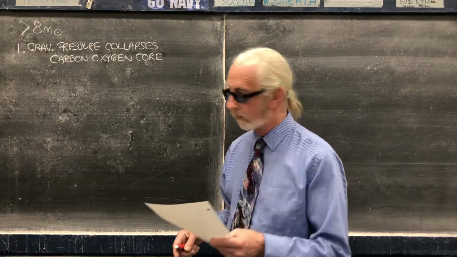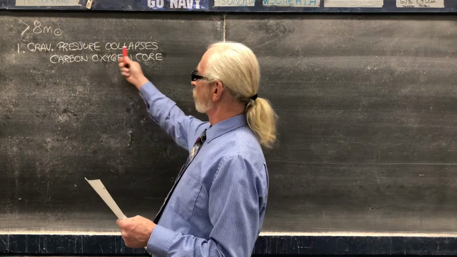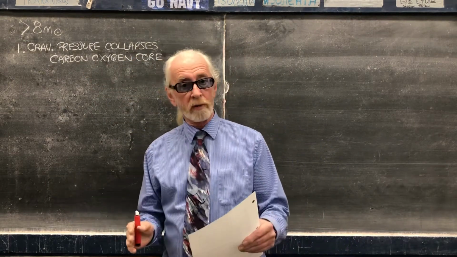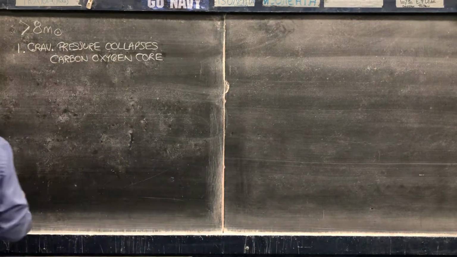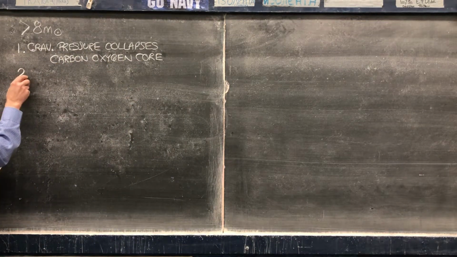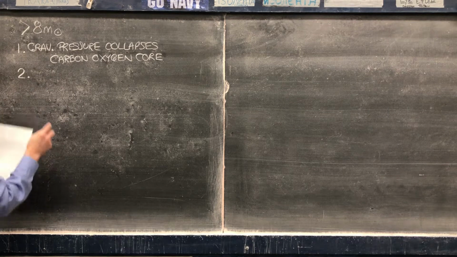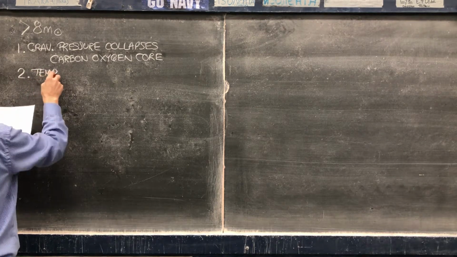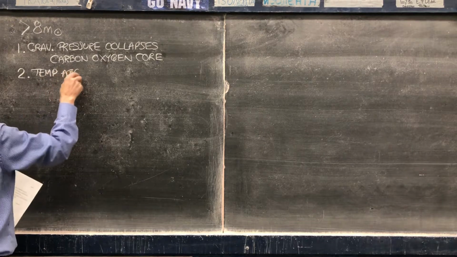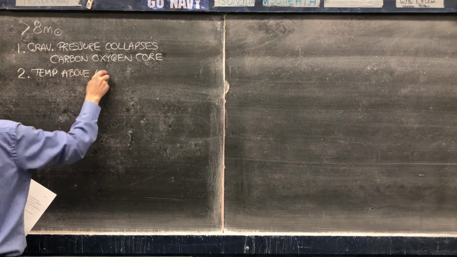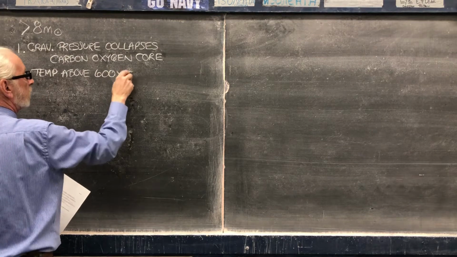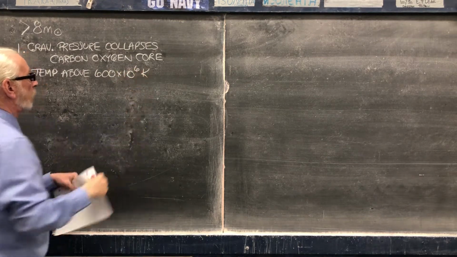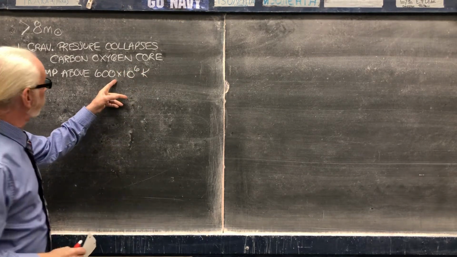So what happens? Well, if you're going to get this kind of a collapse, then you're going to get pressure. When you get pressure, that's going to raise temp. Okay, that temperature should be familiar to you by now.